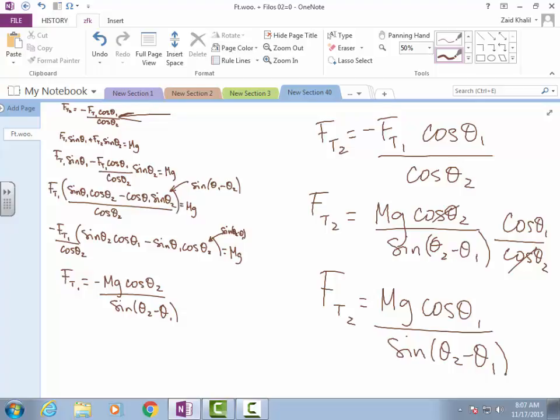Now the question is, why is this positive? Can someone tell me? Look at it. What's the cosine of theta 2? A negative number. So that negative times that negative makes it positive. What about this guy, the sine of theta 2 minus theta 1? You sure? Why is it positive?